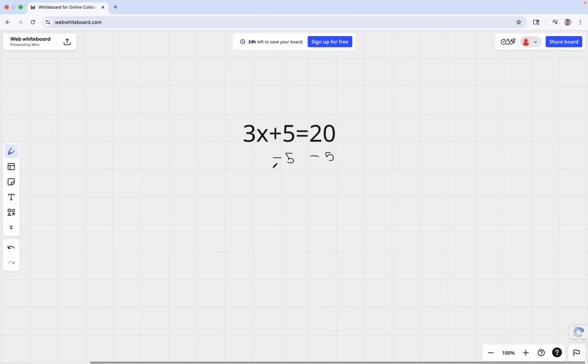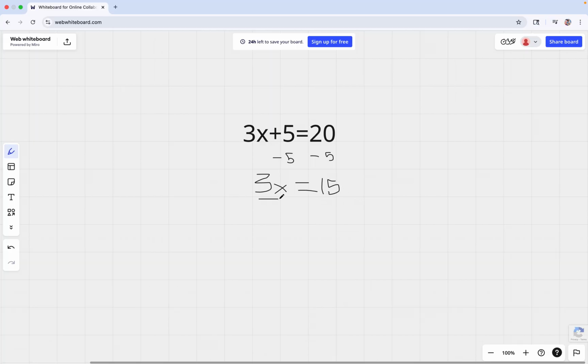And once we do that, we'll get 3x because we minus 5 from this side, and since we minus 5 from this side, it'll equal 15. So right now we ended up with 3x equals 15. Hope you understand so far. Now we have to simply divide both sides by 3, because here we have 3x, and as you can see, 15 is also divisible by 3.